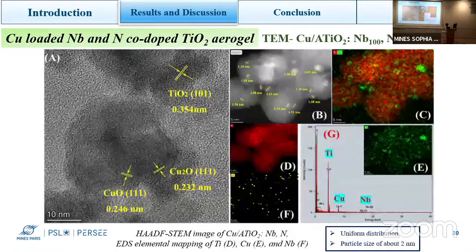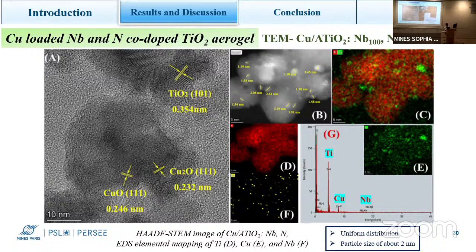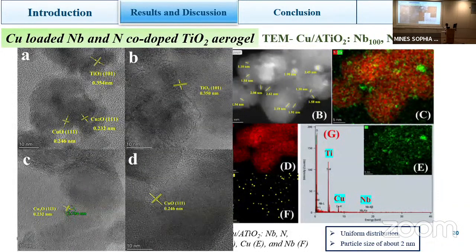And then we use TEM to see what state our copper is in. From HAADF, we can observe the TiO2 101 lattice, and we also observe the copper 2 and copper 1 oxide lattices. It's clearer to see this.